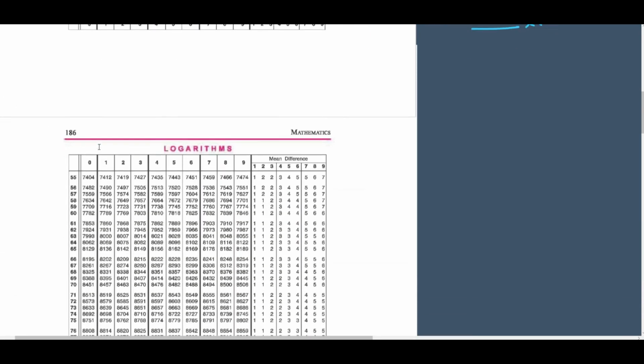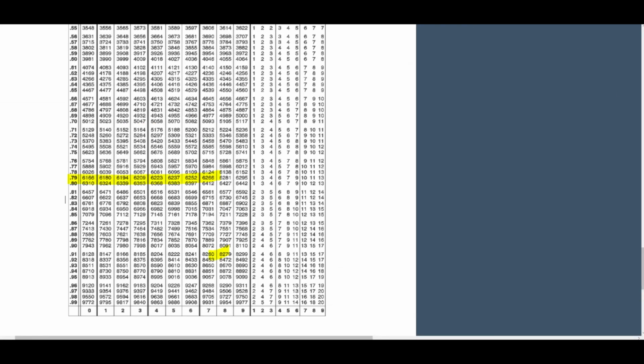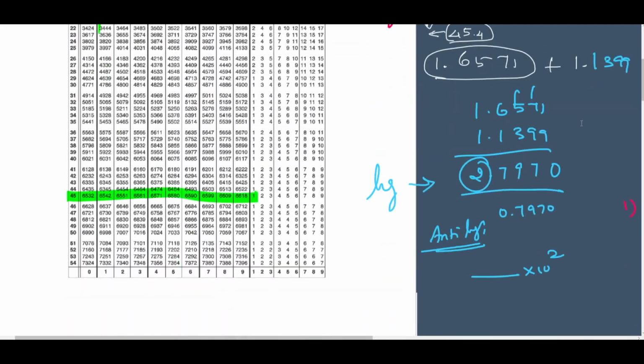So 79.7, what is my answer when you go for the antilog? 79 is here. Then 7 we have to take. 79 is my number here, then 7 is here, 6266 is there. 6266 we have to mark.